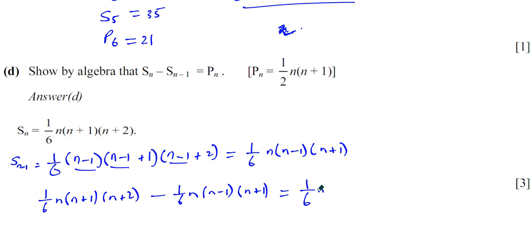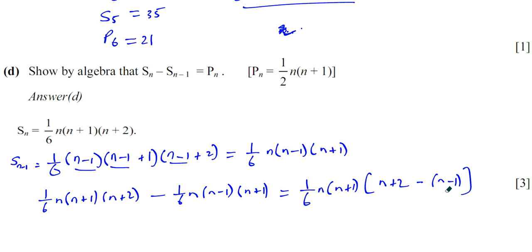So you have 1/6 n times n plus 1 times, and then what's left in the brackets? If I take 1/6 n plus 1 out of there, I'm left with n plus 2. And if I take 1/6 n times n plus 1 out of here, I'm left with n minus 1. This is a minus here, so you've got to be careful about the sign. It's going to be minus n minus 1.